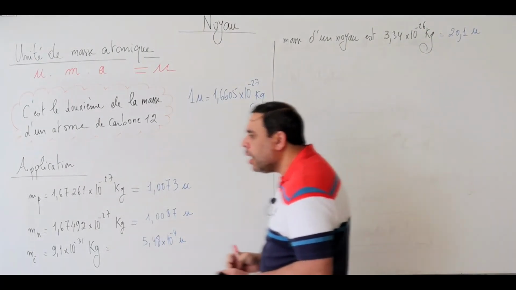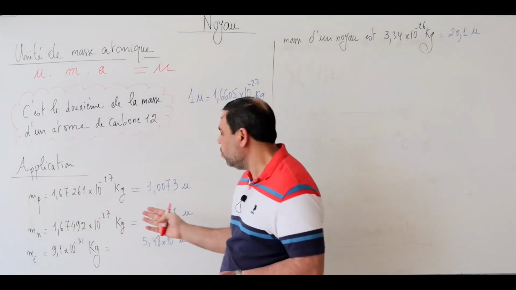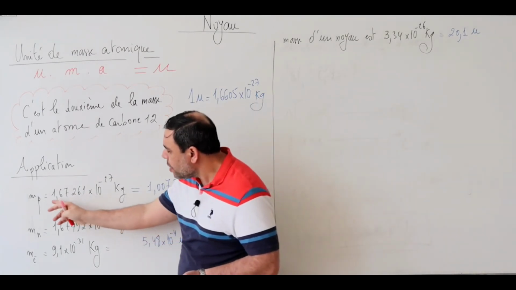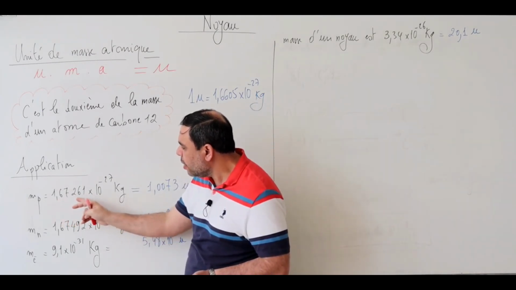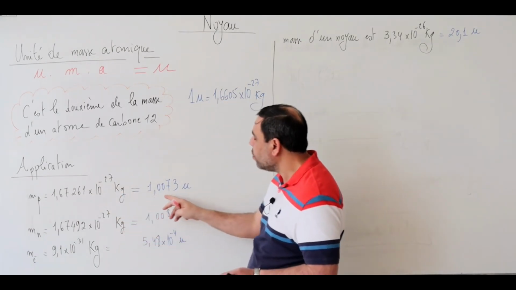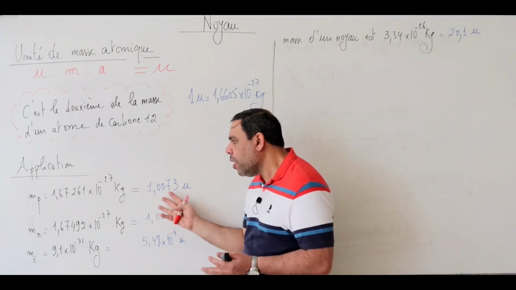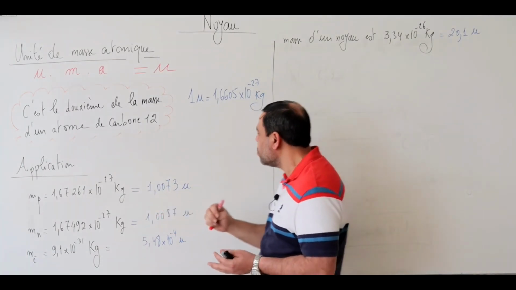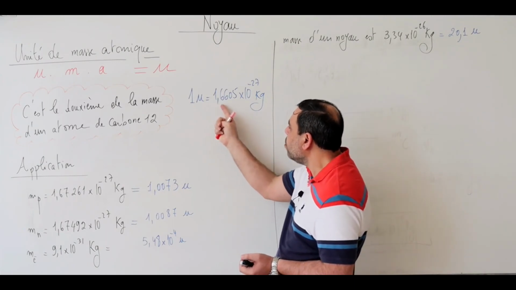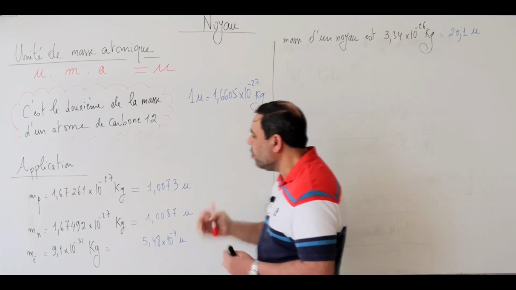Some small applications. What is the mass of a proton in the atomic mass unit, or simply in U? The mass of the proton is 1.67 times 10 exponent minus 27 kilograms. We obtain 1.0073 U. So how did we get this number? 1 U equals 1.6605 times 10 exponent minus 27 kilograms.